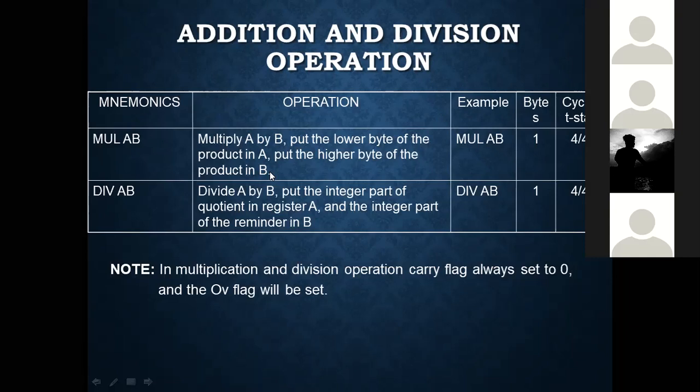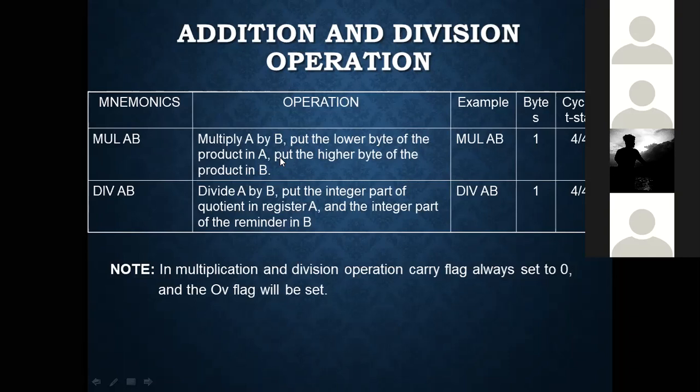For simplicity, because the multiplication will take some time, we are just taking the result as XXYYH. This is the result of this 8-bit multiplication operation. This is the lower byte and this is the higher byte. After the instruction, what will be the content of the A register?